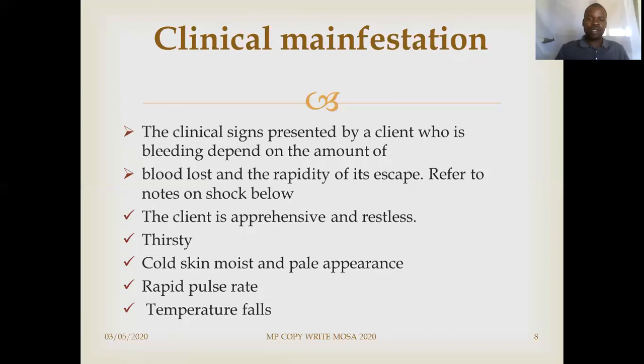This restlessness is due to damage to the tissue as well as massive loss of blood leading to tissue hypoxia. There is also thirst due to loss of fluid in the circulatory system. Then we also have cold, moist and pale skin due to loss of blood.